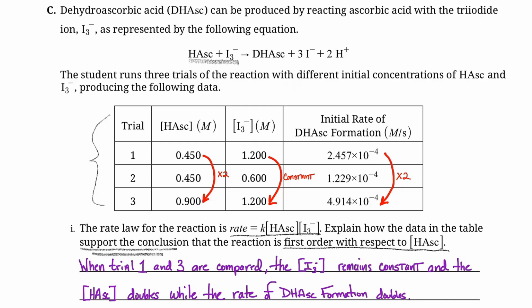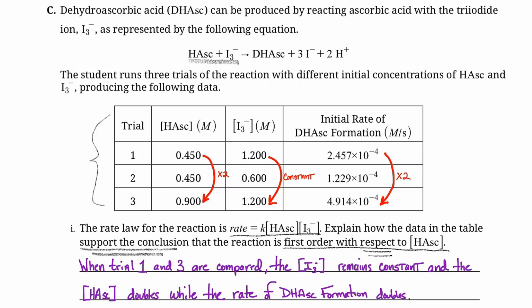They want you to support the conclusion that it's first order, and this is really important, with respect to the ascorbic acid. When I first did this, I quickly did it the other way, because they provide the evidence for the ascorbic acid staying constant and the triiodide changing. That's a really good little distractor, or an evil distractor, for this question.